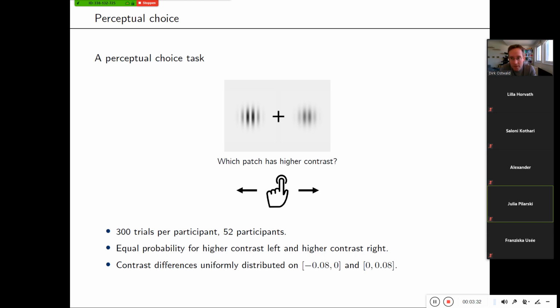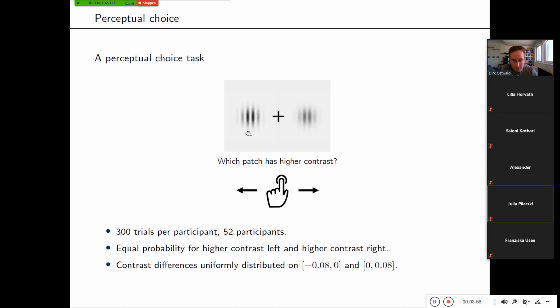So we consider a prototypical perceptual choice task as has been used many times and is being used many times in cognitive neuroscience. This task works as follows. Participants sit in front of a computer screen, that's a fixation cross, and to the left and to the right of the fixation cross, these patches, which are called Gabor patches, show up.